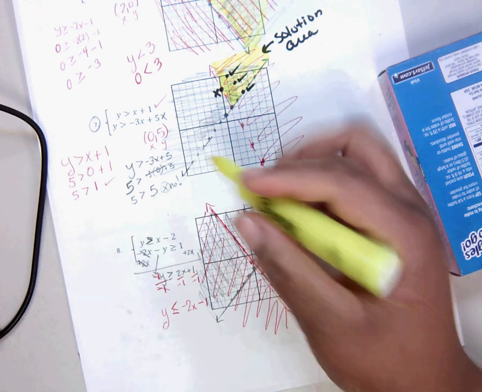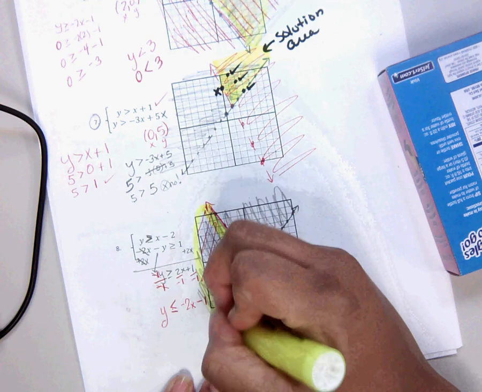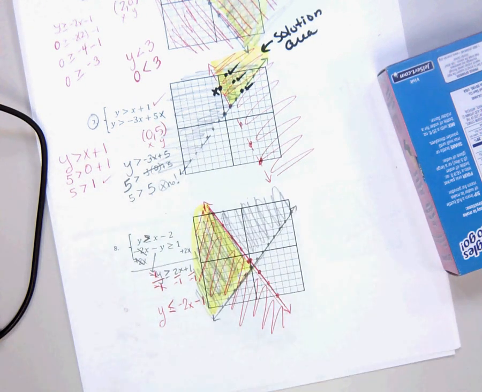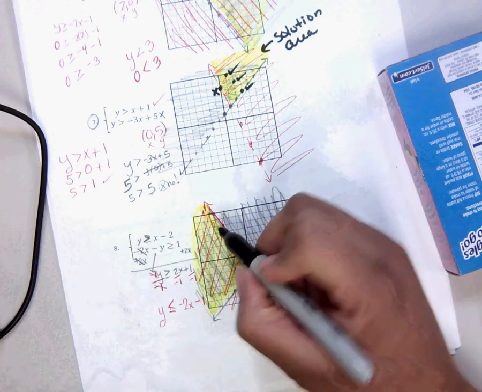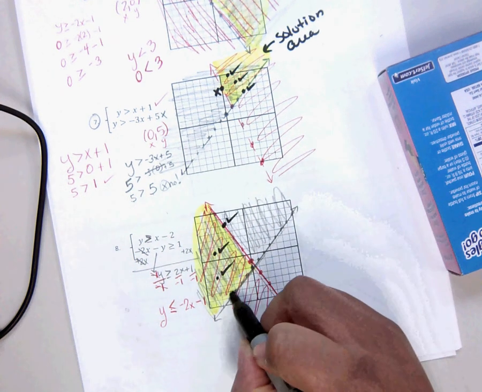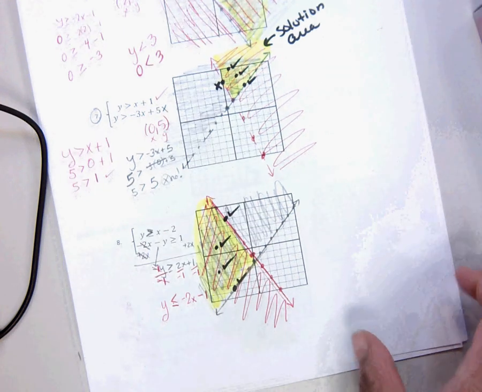Excuse me. Now I find the solution area, which is here. And no matter where I pick, I have solutions here, inside the double region, as well as on the other line, because both lines are solid. So the dots are my solutions, and we're done. Let's move on.